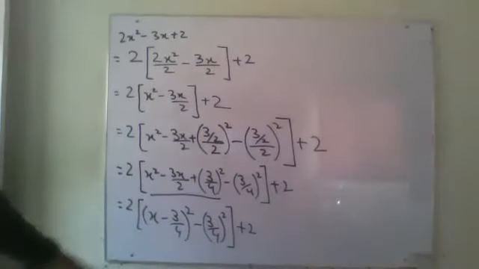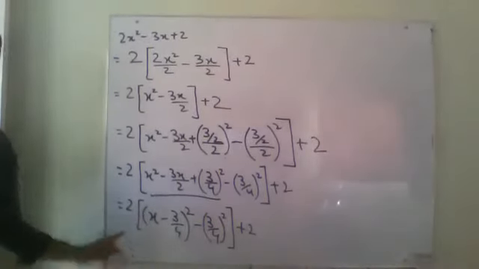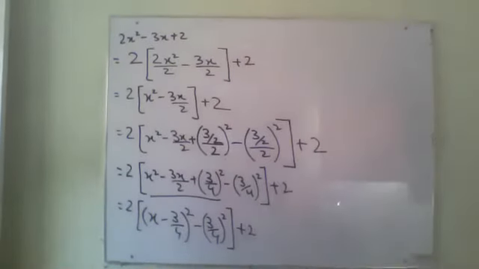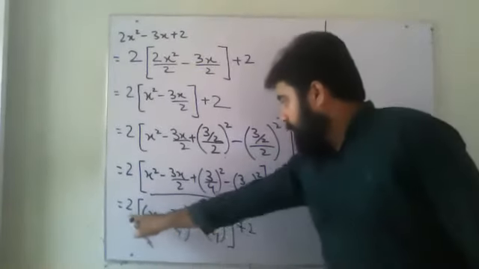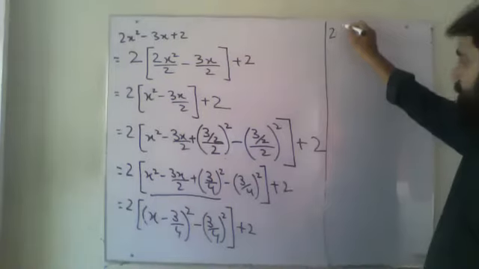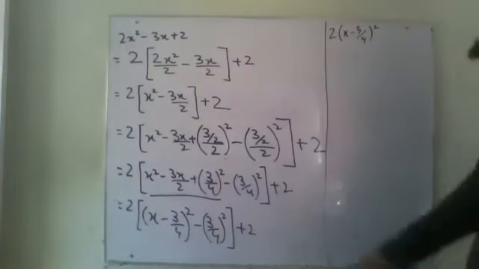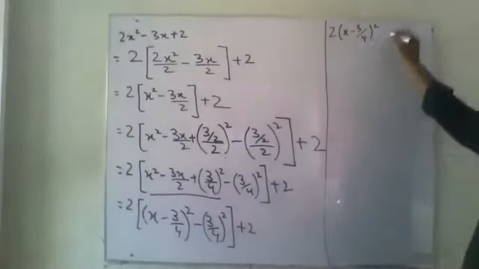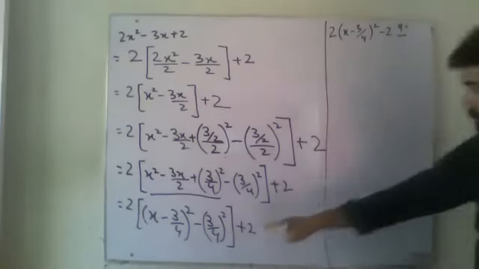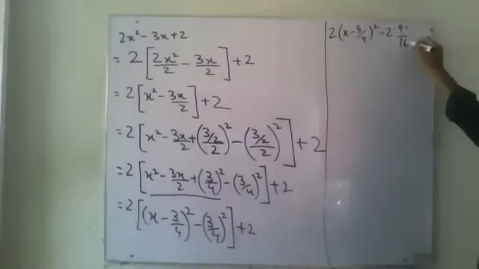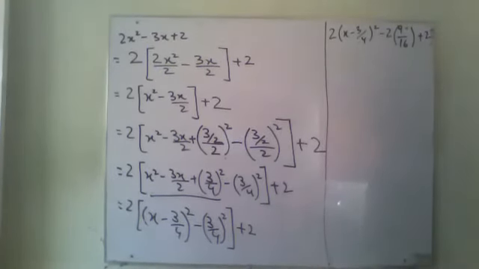Now I am going to simplify this. How will I simplify it? There is a 2 written outside the bracket, so first of all I multiply it with all the terms. 2 multiplied by the bracket x minus 3 over 4 whole square. 2 multiplied by this bracket minus: 3 square will become 9, 4 square will become 16, and plus 2 will be written as it is.